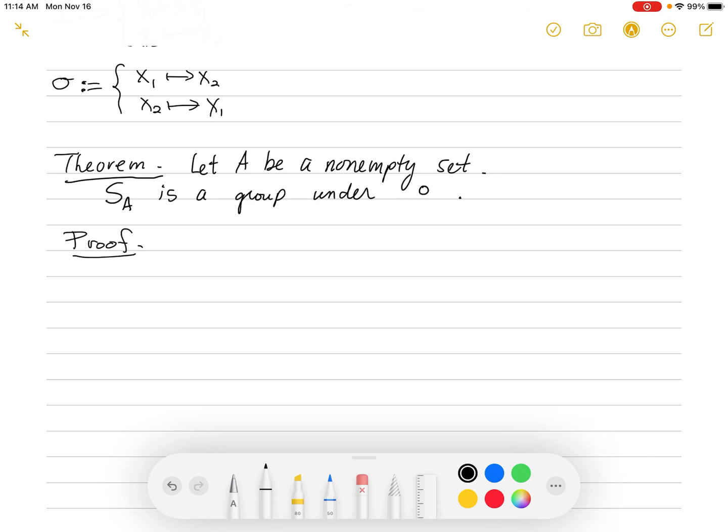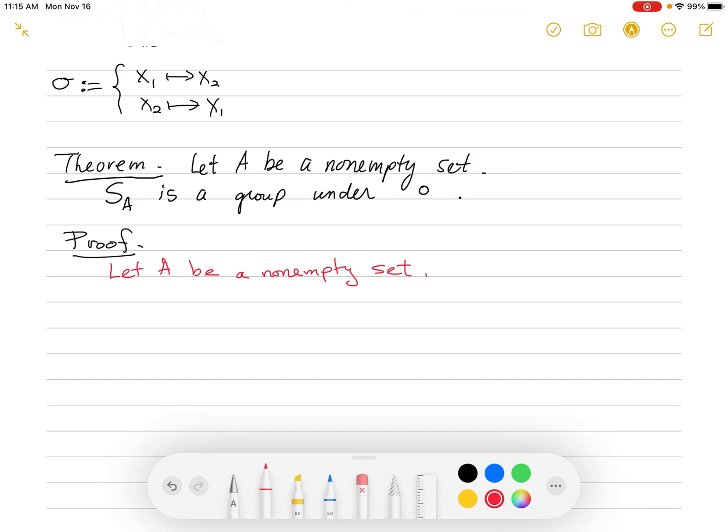Okay, so we're going to prove this. Proof. Let A be a non-empty set. That means a set with at least one element in it.